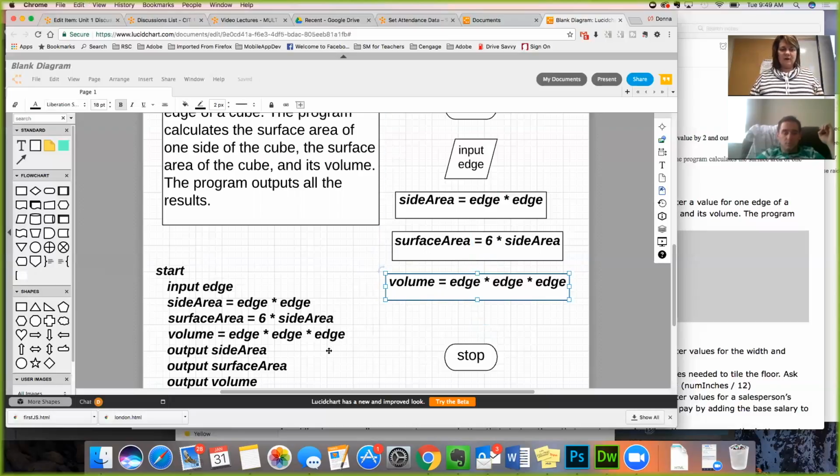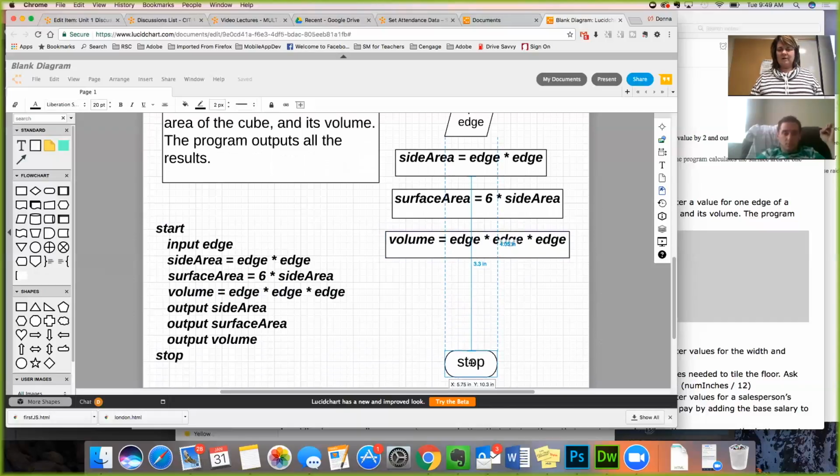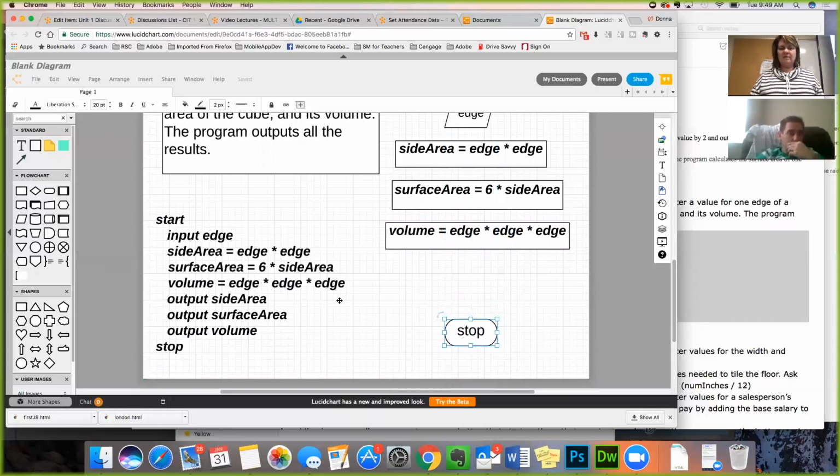All right, so output side area. What shape do I need for that? Parallelogram, great. So anytime I have input or output, I'm going to use the parallelogram. And anytime I have a process statement, I use the rectangle.